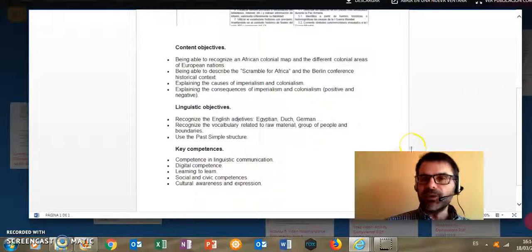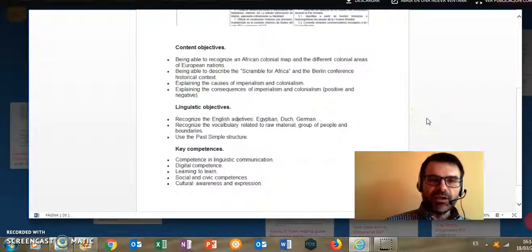About linguistic objectives, as we will see in a minute, we will try to recognize adjectives like Egyptian, Dutch, German, and recognize the vocabulary related to raw materials, groups of peoples or boundaries, and use the past simple structure.